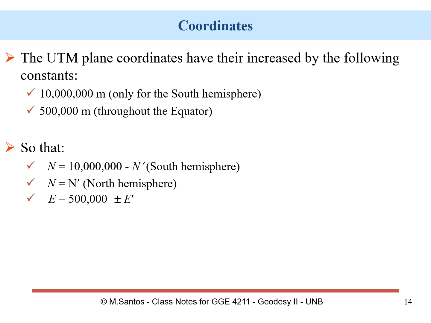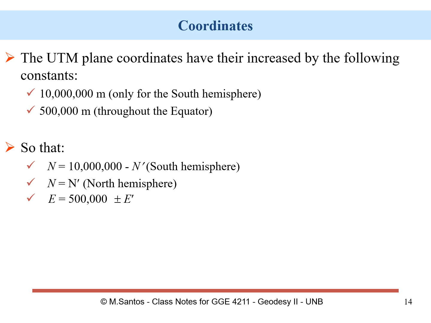The interesting thing is that if you go from the equator towards the north, you start from 0. So as a matter of fact, the origin has different numerical values as far as northing is concerned. Which means that for the southern hemisphere, the value of the coordinate N is going to be 10 million minus N prime, and N prime here is the distance from the equator to the point.